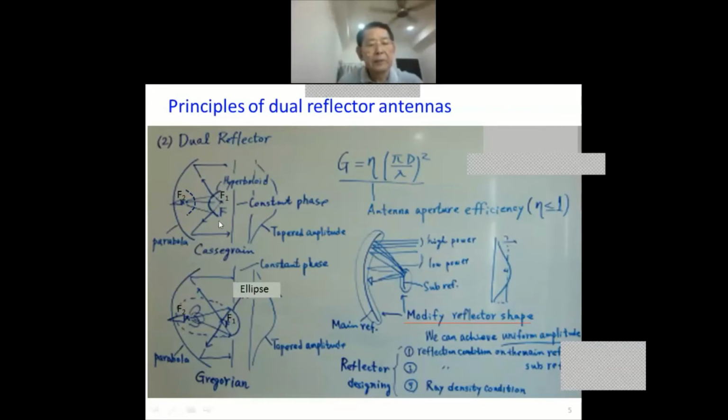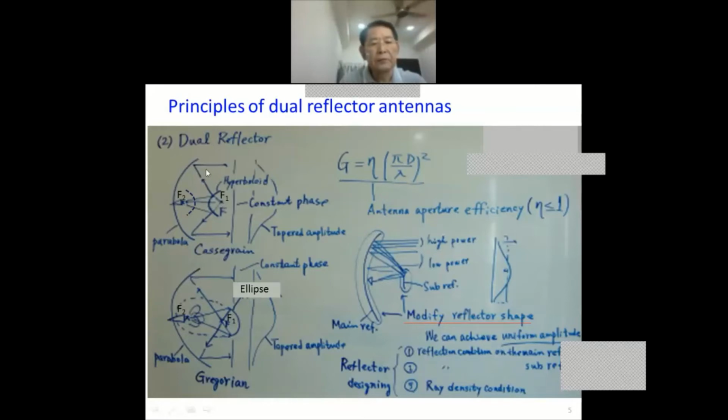If the sub-reflector shape is a hyperboloid, it has two foci, here and here. If the feed is placed at the other focus of the hyperbola, then the radiation from that focus point is reflected the same as from a parabola.